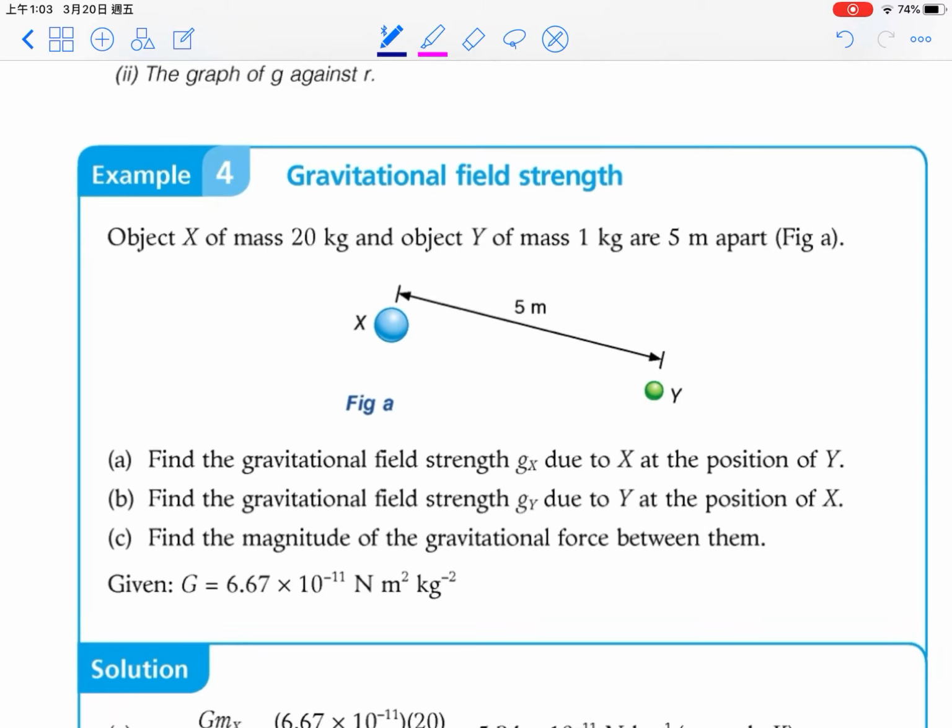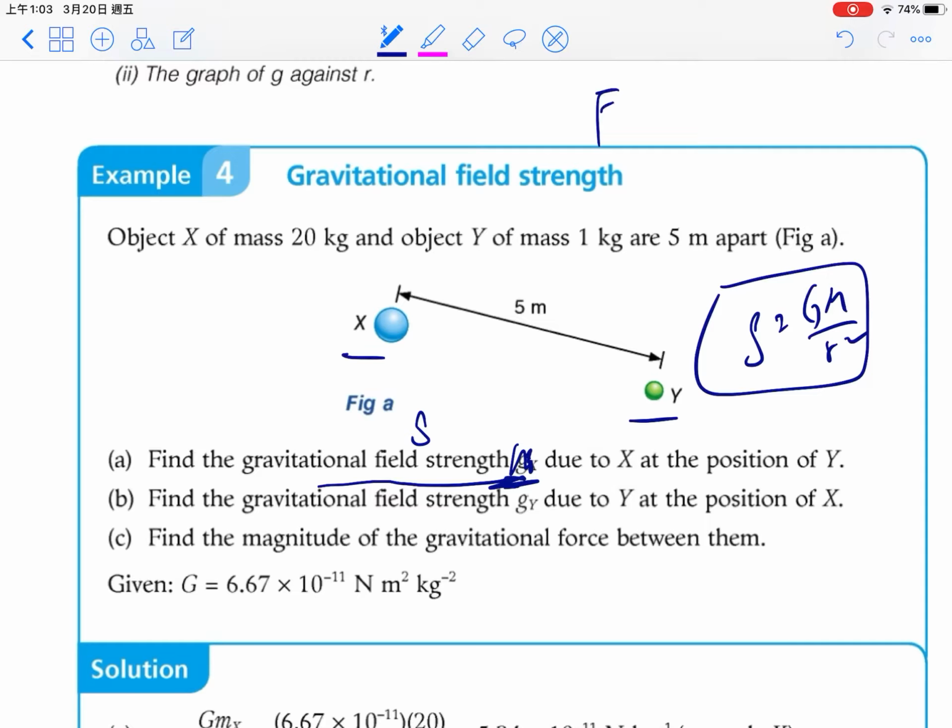Now maybe we take a look at the example. Example 4, gravitational field strength. If we have two objects, x and y, what is the gravitational field strength g due to x at the position of y? In the DSE, g will not appear because we want you to know gravitational field strength means g. So we can just apply the equation F equal to GMm over r squared. If you forget this equation, it is given in the public exam. And also, gravitational force means weight, mg.